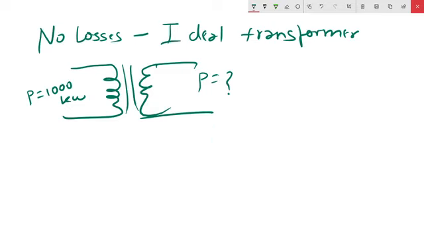One thing: a transformer is a device which is used for power transmission, meaning it only has to transfer the power from one place to another, so there will be no change in power.